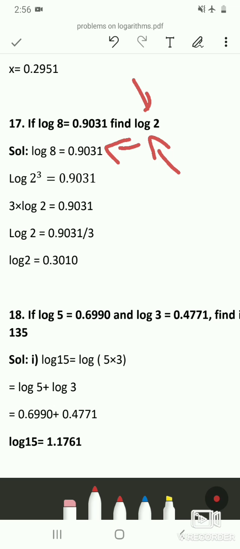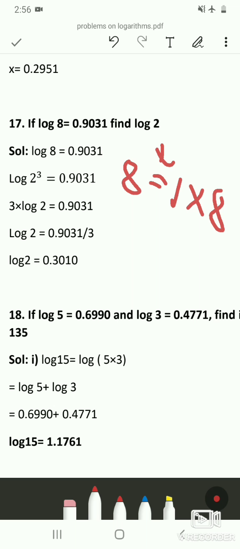So we know that 8 can be written as 2 cube. So even 8 can be written as 4 into 2. There are many ways how an 8 can be written. That is, 8 can be written as 1 into 8 or 16 divided by 2 or 4 plus 4.